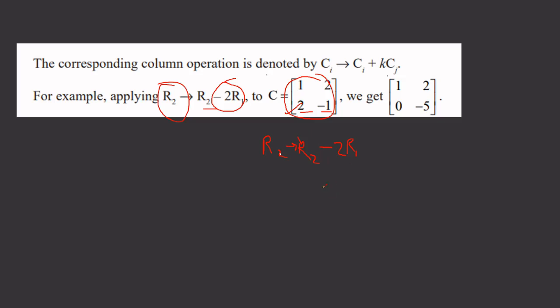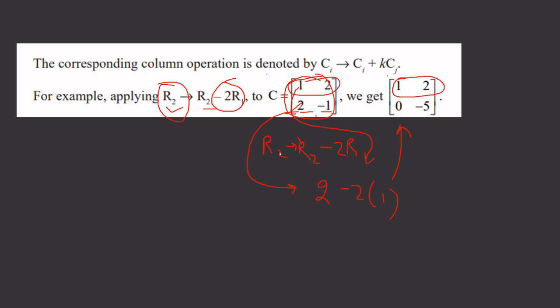Now this is our second row, 2 minus 2 R1. R1 is 1, so we can say that 2 minus 2 is 0. We change the second row to 0, and note that if we change the second row, our first row elements are not changed in any way.